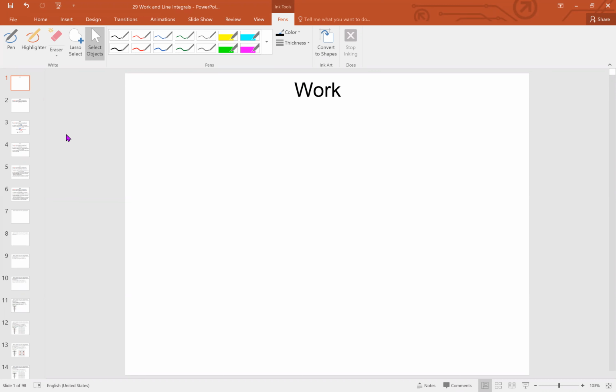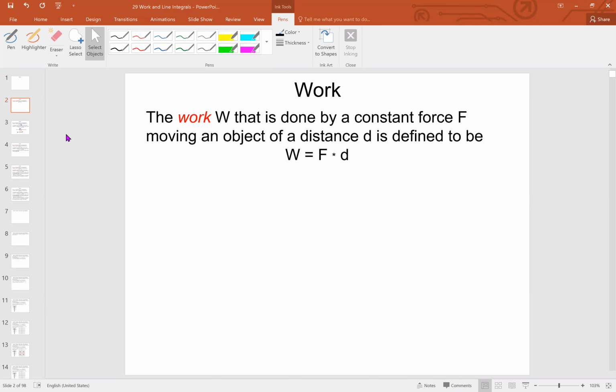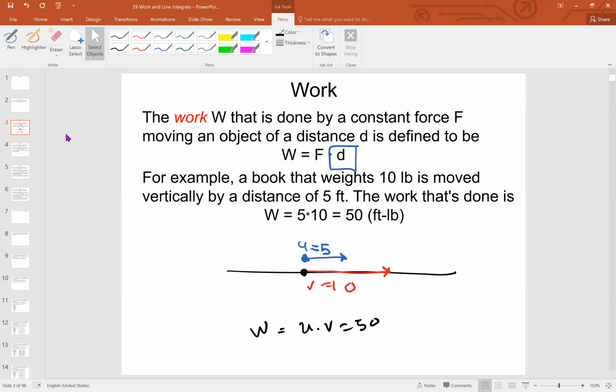In physics, we have a concept that if we apply a force to an object in the same direction and move the object a certain distance d, then multiplying the force times the distance, the displacement, gives the definition of total work.